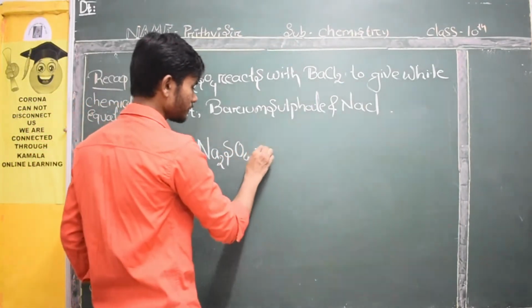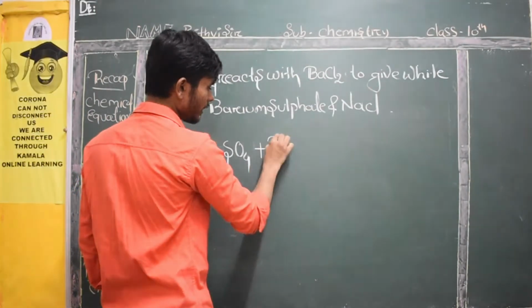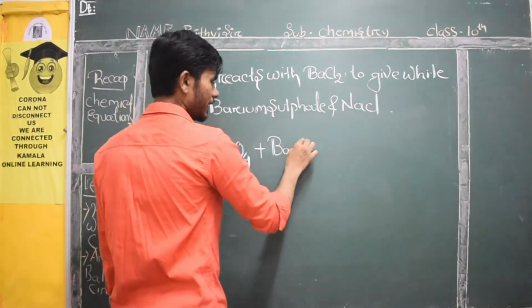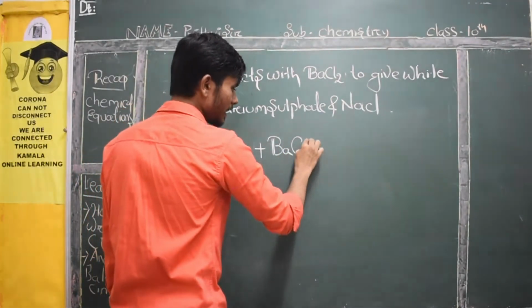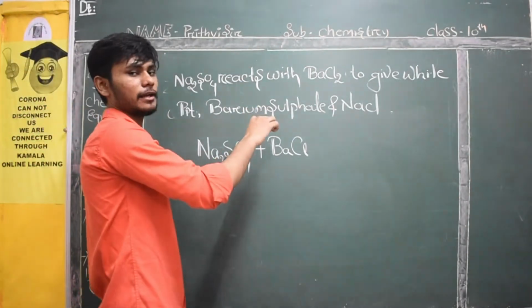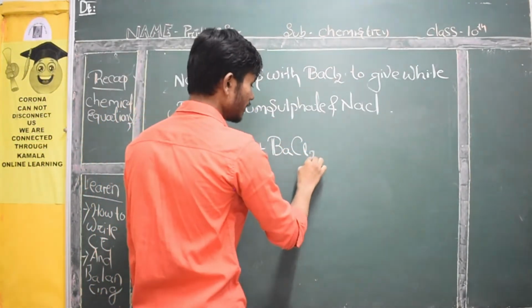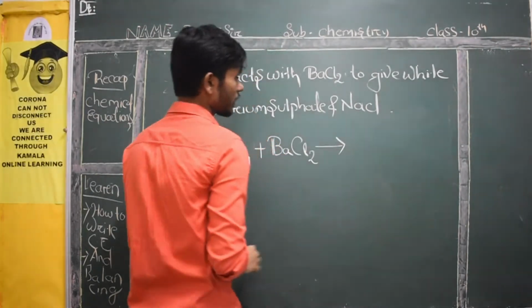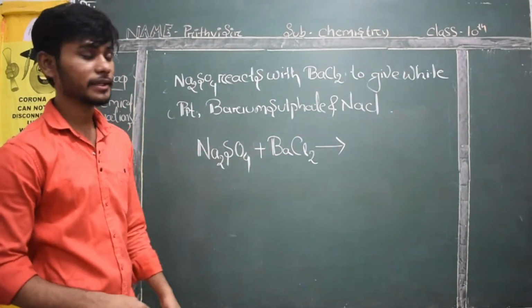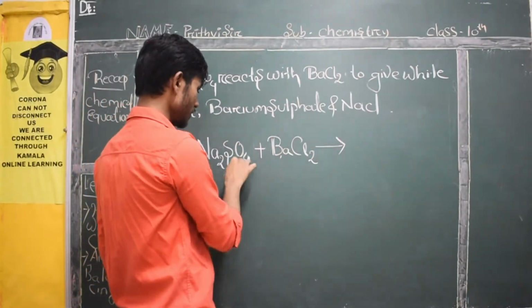Again I will write barium chloride. The symbol of barium is Ba, and the symbol of chlorine is Cl, with a small l. Gives rise to what? Barium sulfate and sodium chloride. Barium sulfate, this is barium, this is sulfate.